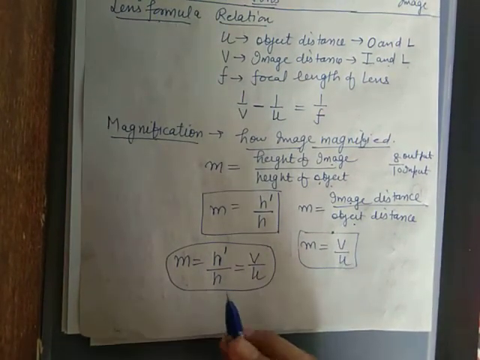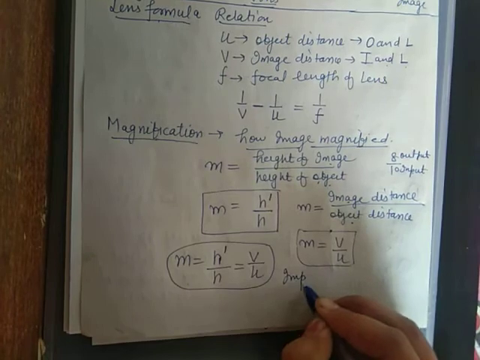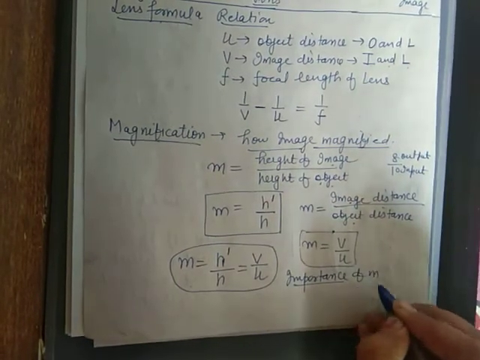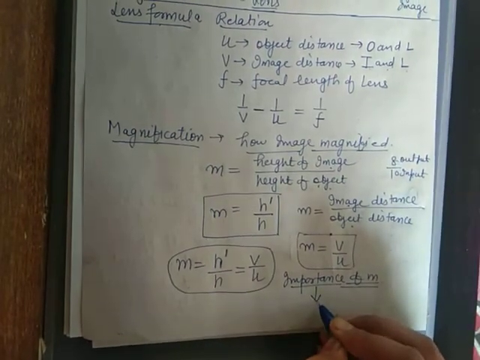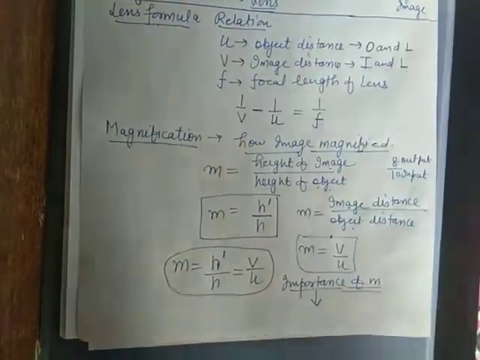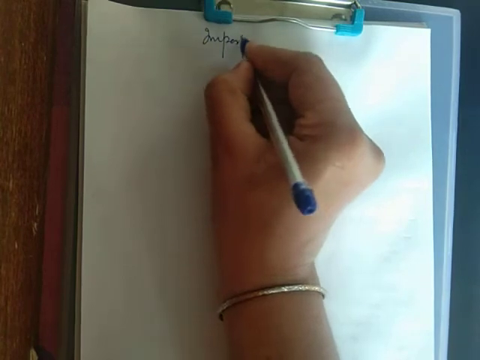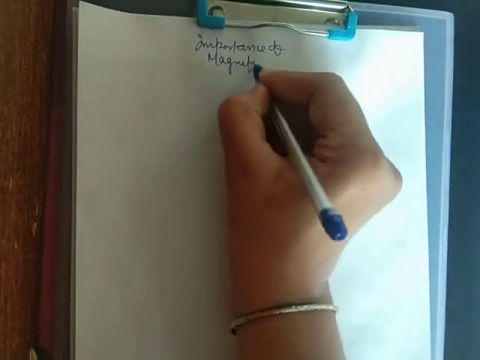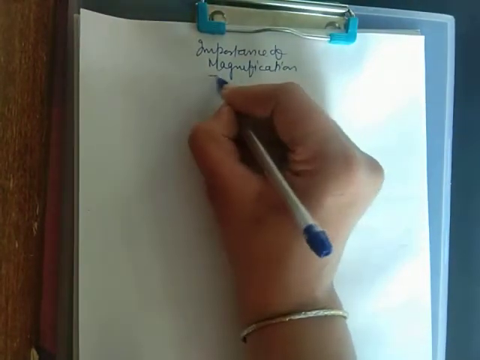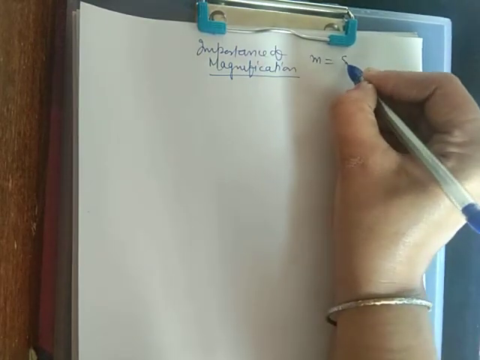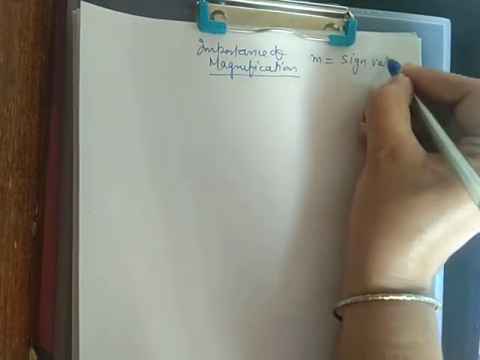Now what will be the importance of M? If M is given to you, what will be its importance? To find the importance of M, let's learn about its sign and value. Magnification has sign and then value.